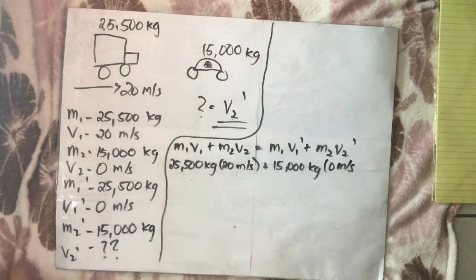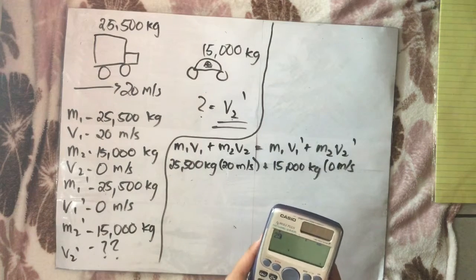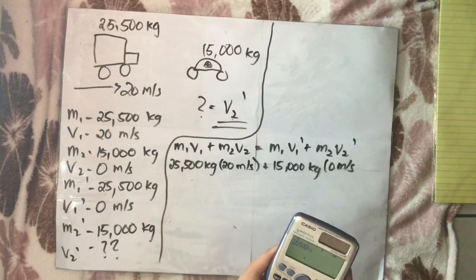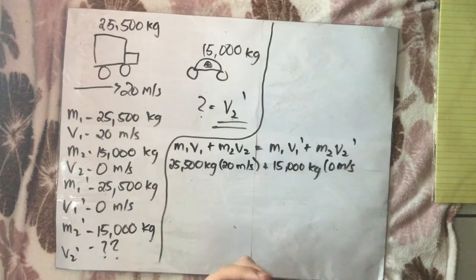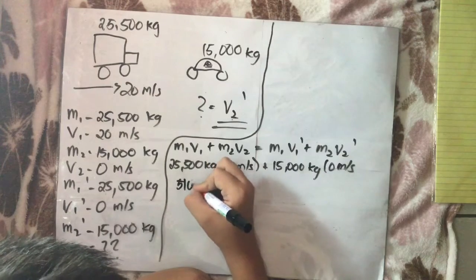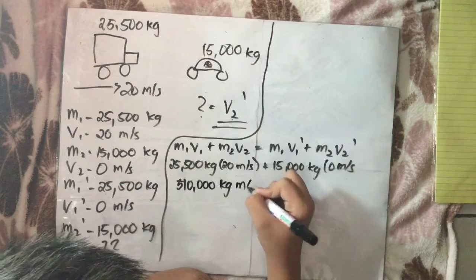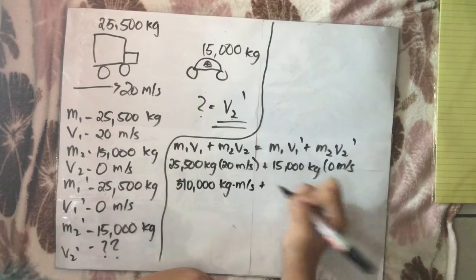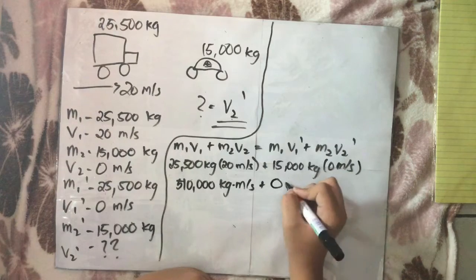So when you solve it, 25,500 times 20 is equal to 510,000. So we got 510,000 kilogram meters per second plus 15,000 times 0 is 0.